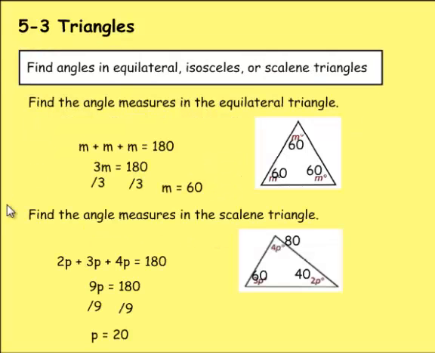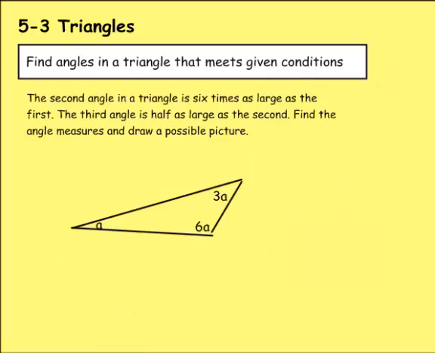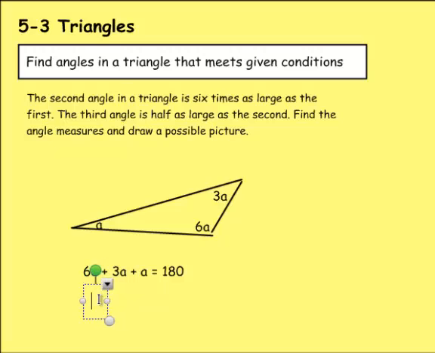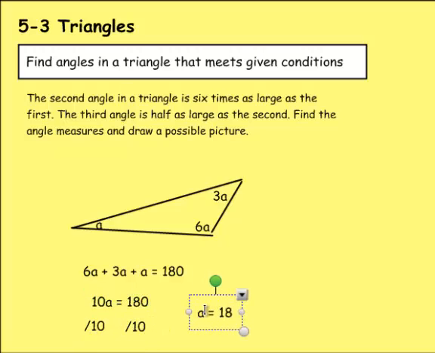And it's kind of like the one we just did here with the p's. We could do that with the A's now. I know that the measure equals 180 degrees. Then I know that 6A plus 3A plus A equals 180 degrees. 6 plus 3 is 9, plus 1 is 10. So 10A equals 180. Solve for A. So A equals 18.